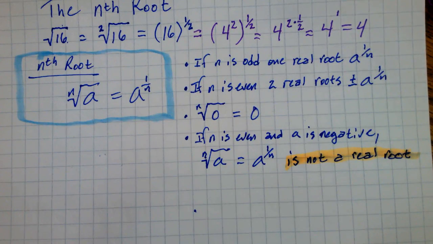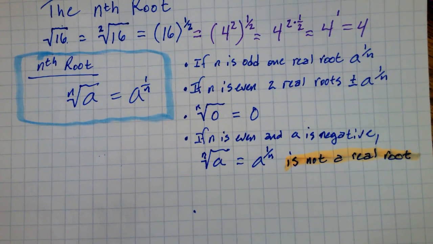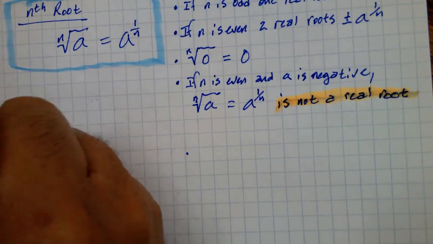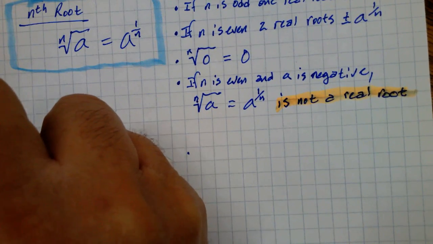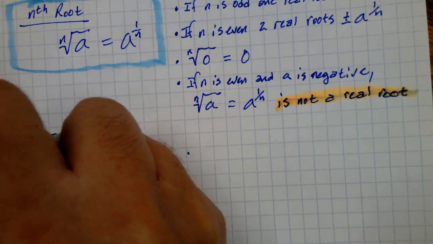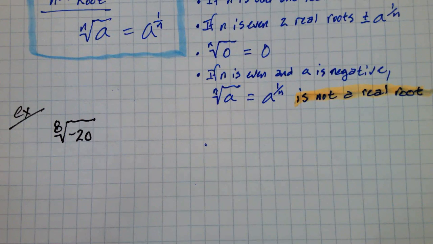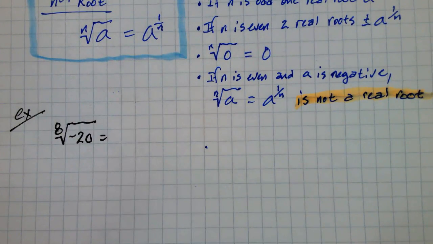So for example, if I have the 8th root of negative 20, basically it's some answer, but it's not a real number.